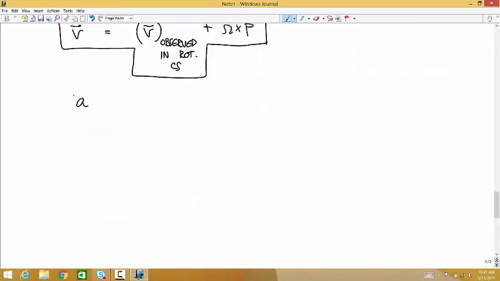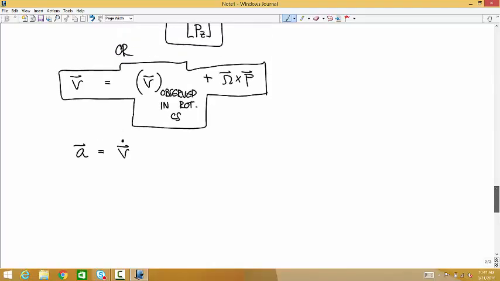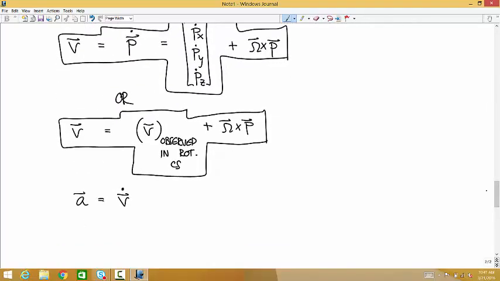Now the acceleration is equal to v dot. And so that's equal to, you can think of that as Vx dot, Vy dot, Vz dot, plus capital Omega cross V, right?